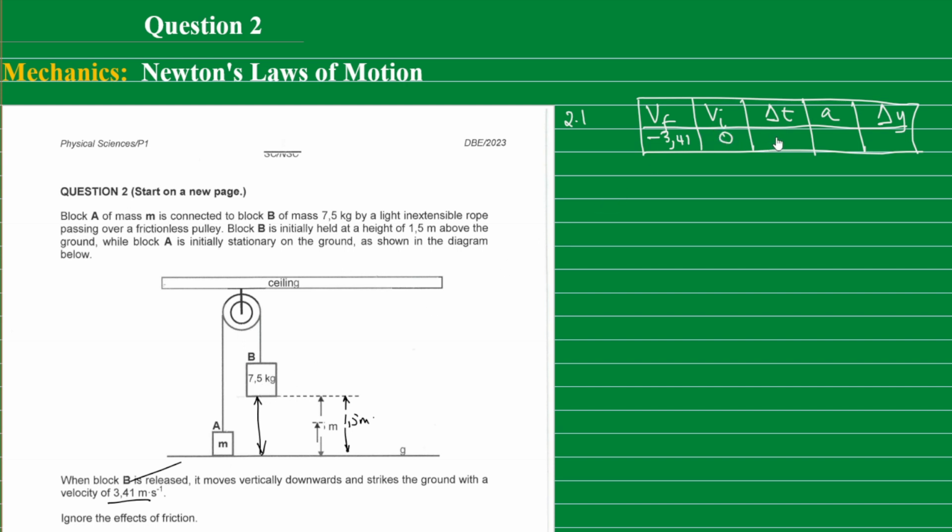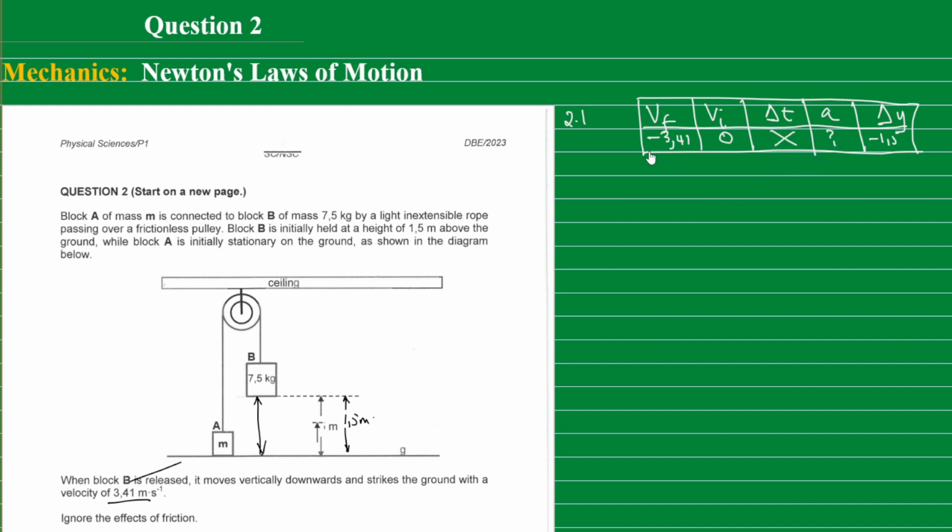We are not given the time, so we put a dash there. Acceleration is what we are calculating. And the displacement is 1.5, which I take as negative 1.5 because the object was moving down.